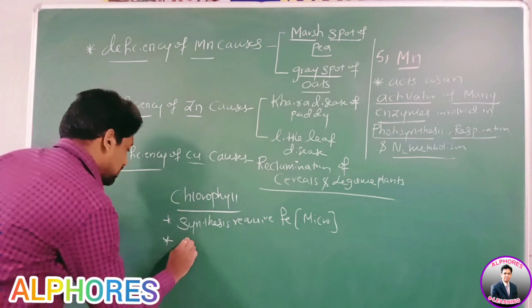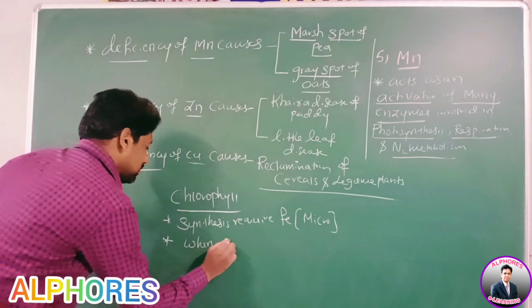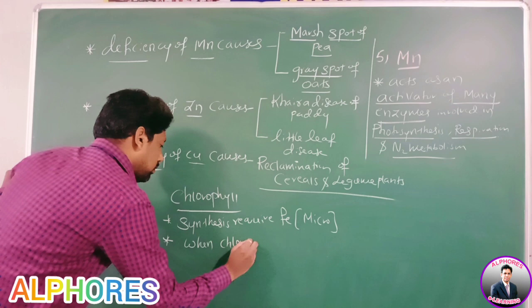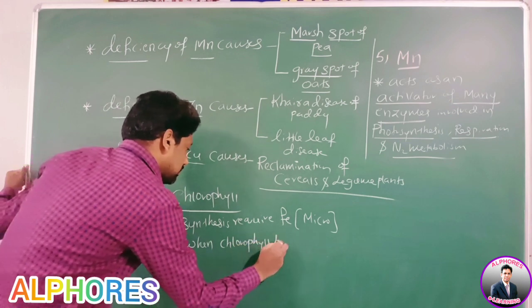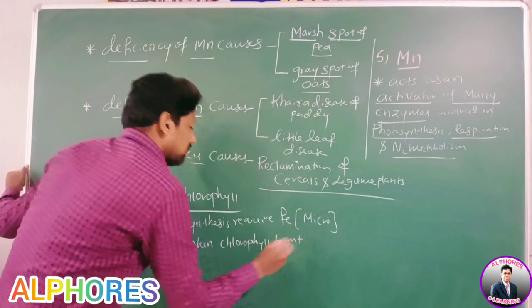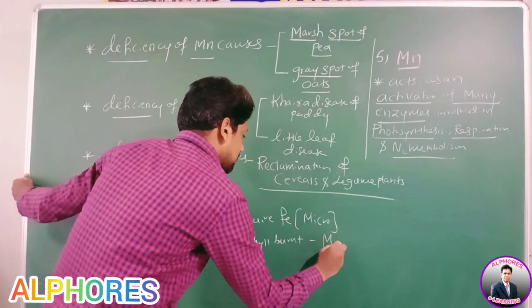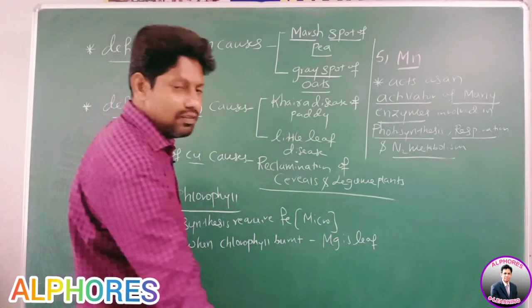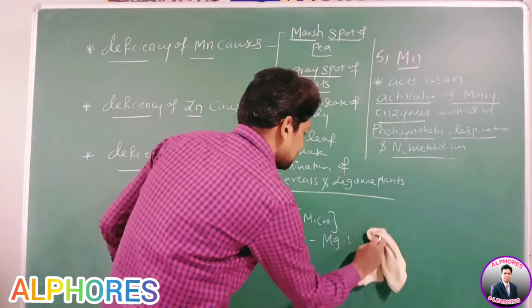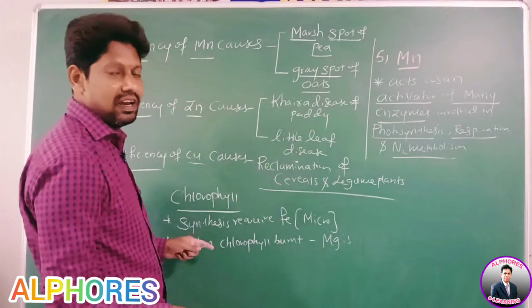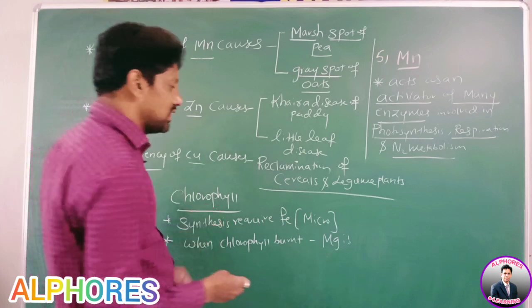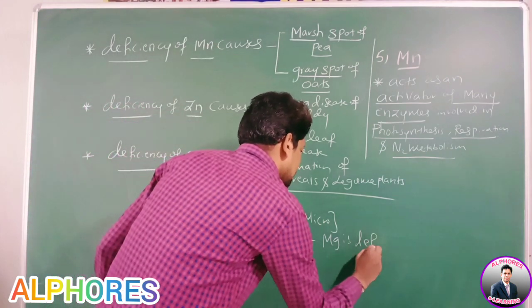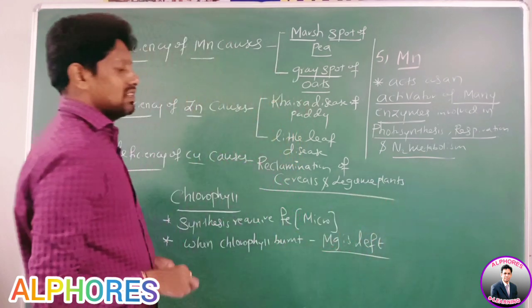Magnesium is left. Sir, from where did this magnesium come from? Magnesium is a central metal atom in chlorophyll. So when this chlorophyll is burnt, what is left? Magnesium is left.